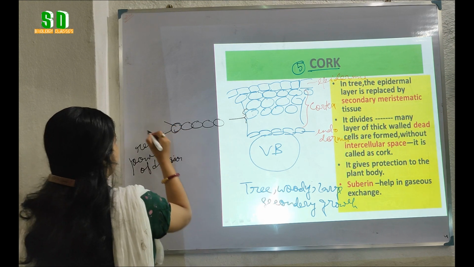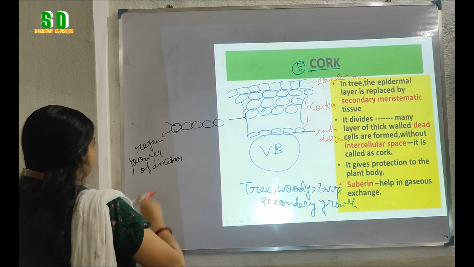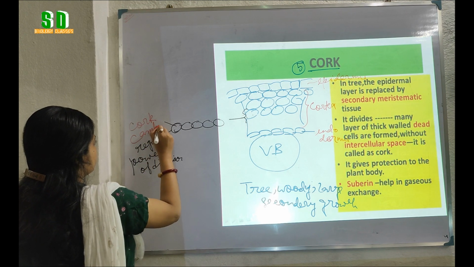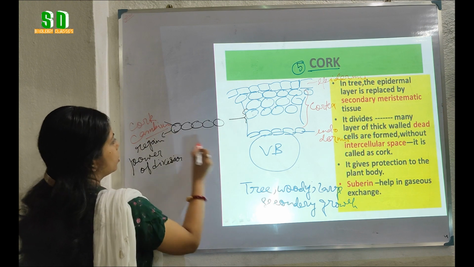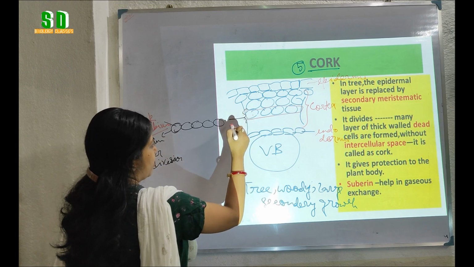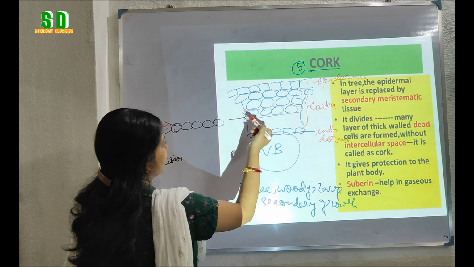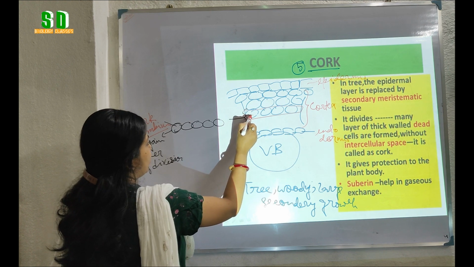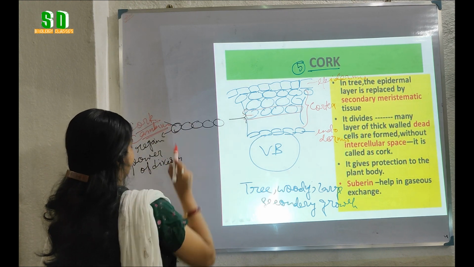This layer is called the cork cambium. So the cells which get the power of division again, or which become secondary meristematic in nature and divide, are called the cork cambium.